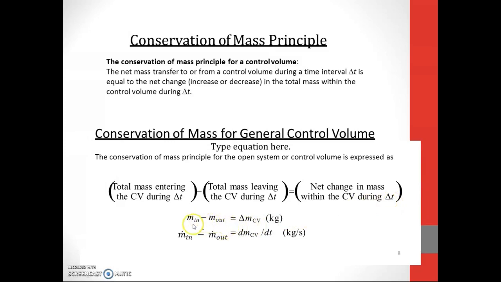So we have this equation: mass in minus mass out equals delta m, the net change of mass for an open system. If it's a rate over time, we'll have the dot at the top.